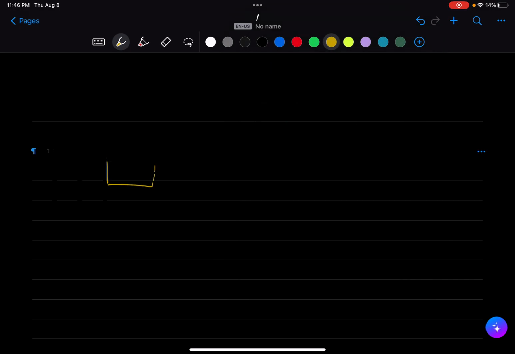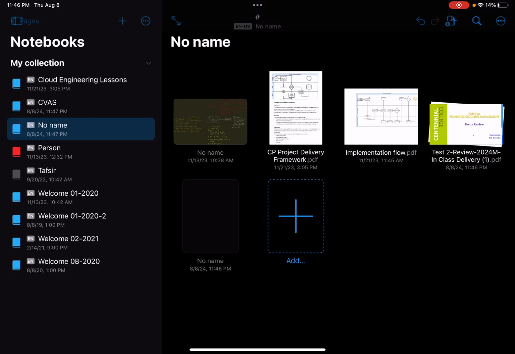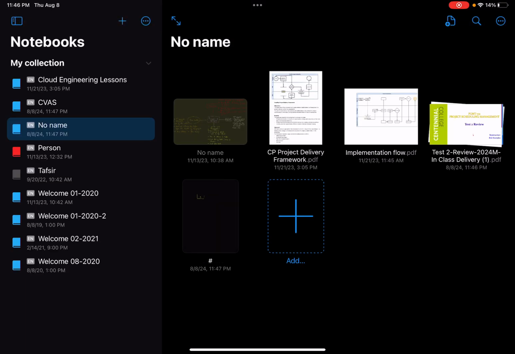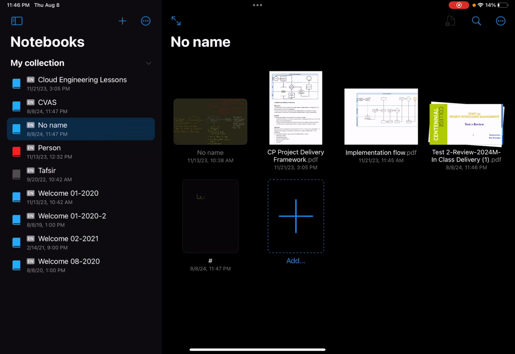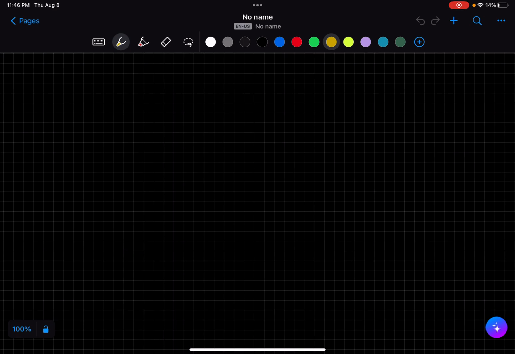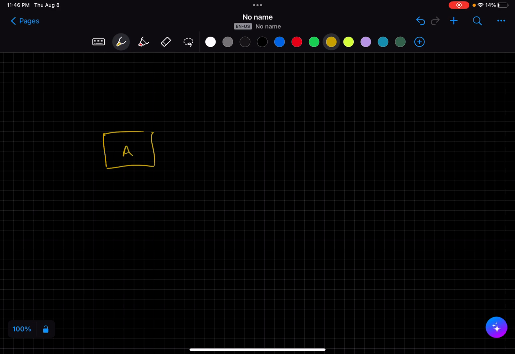So this is activity A. It starts on week 1 and its duration is 2 weeks.